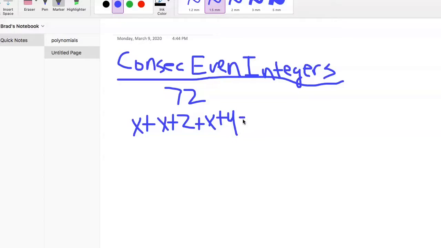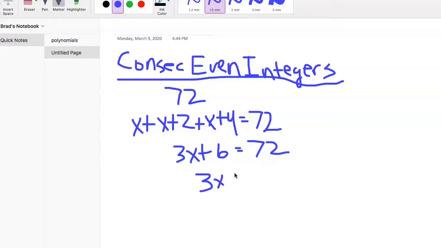Once you have it set up, you're just doing some pretty straightforward algebra. Again, we have 3 x's plus 6 equals 72. I'll subtract 6 from both sides. 72 minus 6 is 66.